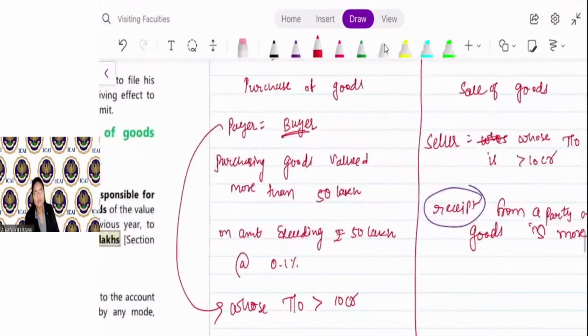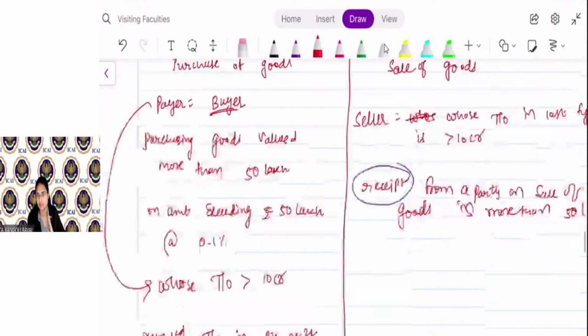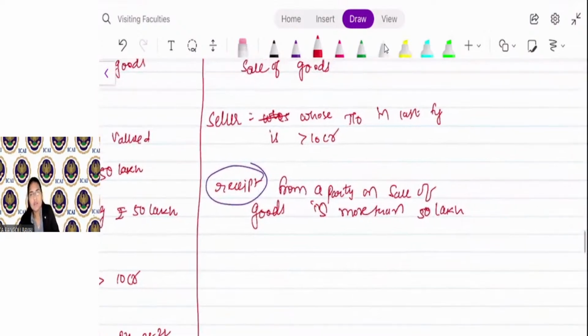Under 194Q the word used is purchase value. So on purchase, if the value of purchase of this invoice is more than 50 lakh, then you have to deduct TDS at the time of credit or payment, whichever is earlier. Here they have used the word receipt. So if you are receiving more than 50 lakh for your sale, then on the value exceeding 50 lakh, you have to collect 0.1% TCS from the buyer.